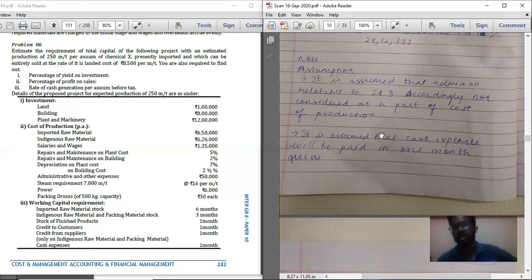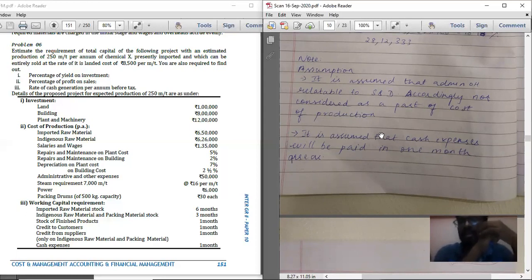Accordingly, not considered as part of cost of production. So what we are doing is assuming that these administration and other overheads and expenses include selling and distribution overheads. So we are not taking it as part of cost of production.